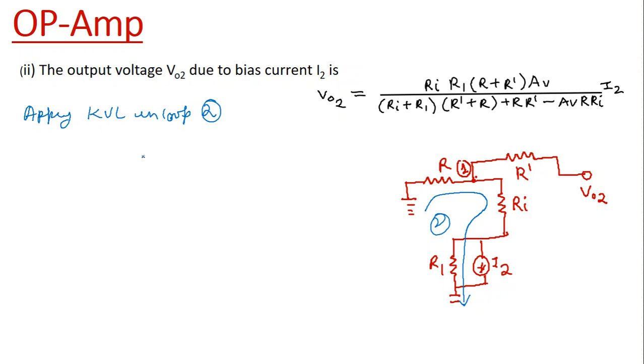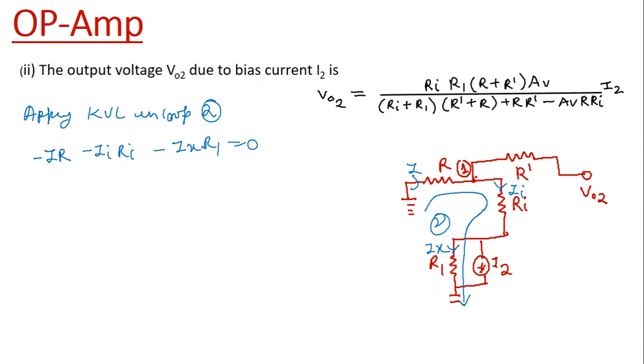So the equation will be: minus IR minus IIRI, where the current through R is I, here the current is II, and here the current is Ix. So it will be minus Ix into R1 is equal to 0.